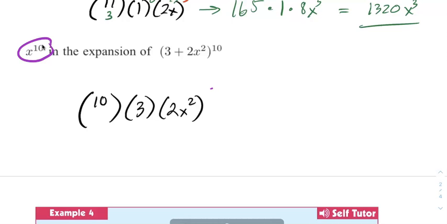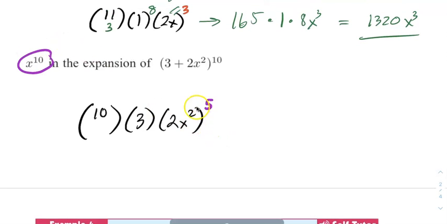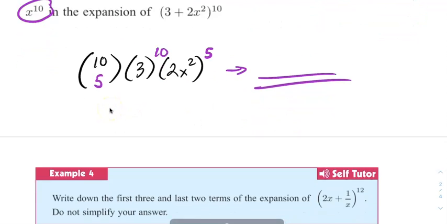So what I gotta put here is a 5. That way when I multiply these out, when I distribute, I get x10 total. Well, if that's a 5, that means this is a 5. And actually, this is a 5 too, because 5 plus 5 equals 10. Then we just expand. 10c5, 3 to the 10th, that 2x squared to the 5th. I'll let that go now, because that's going to be a huge number. And to save a little time, let's let that go.